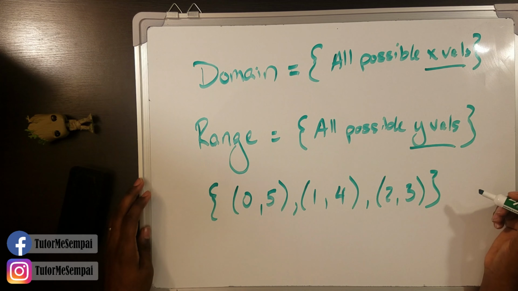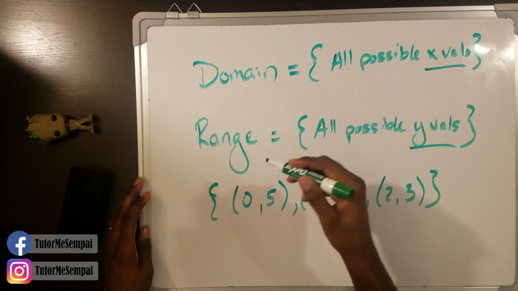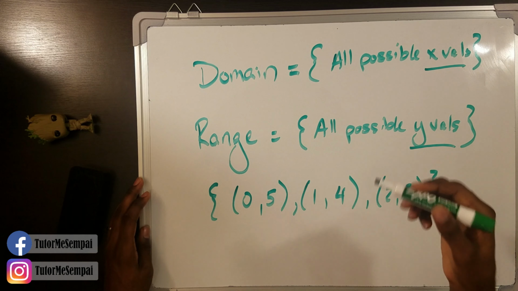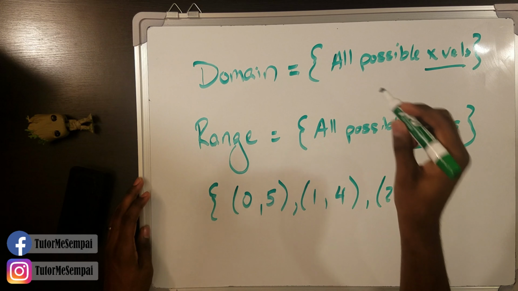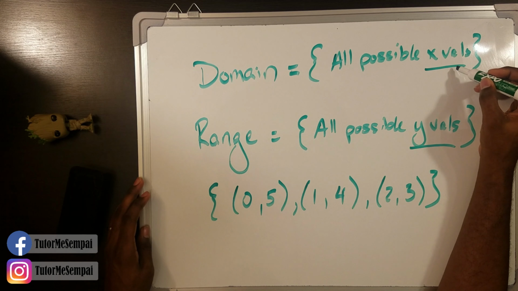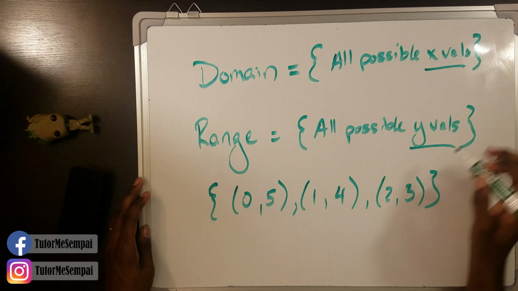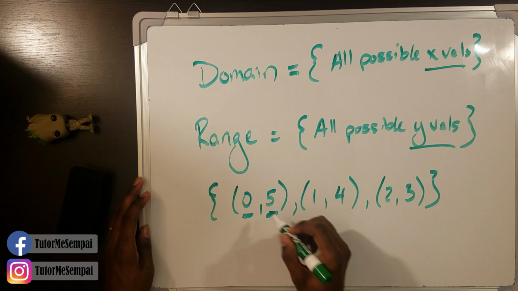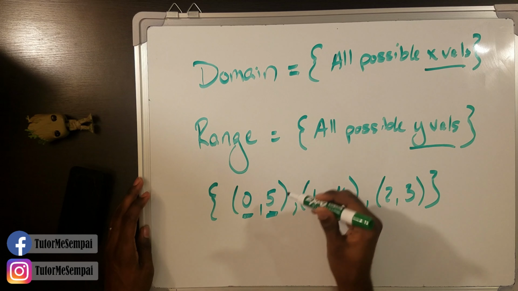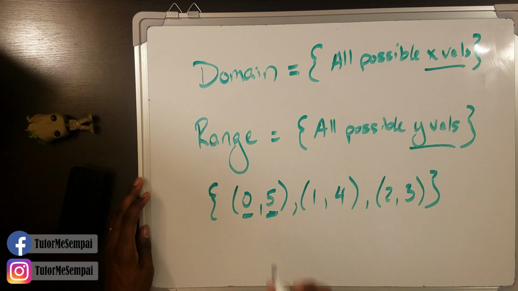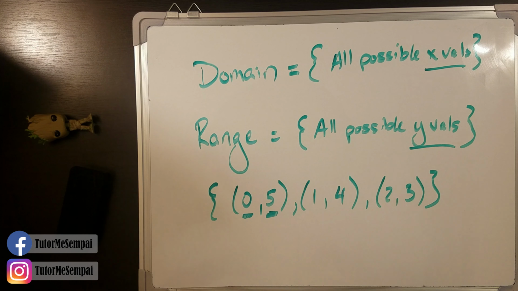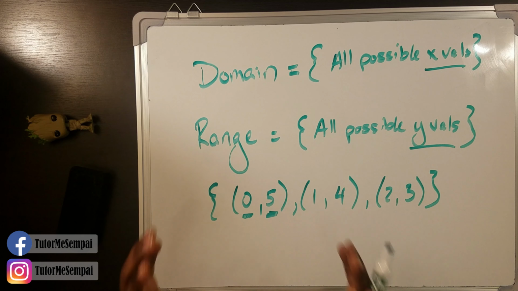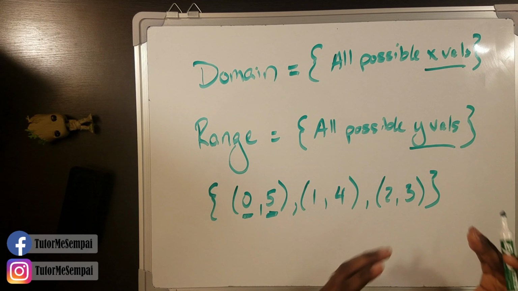So when we look at this example and we look at the domain and the range, we can find our domain and range simply by focusing on the X values first and then the Y values second. The X values first and then the Y value second, because the X value is first in this parentheses and the Y value is second. So let's just kind of keep that same ordering, and it'll help you try to remember that domain comes first and range comes second.